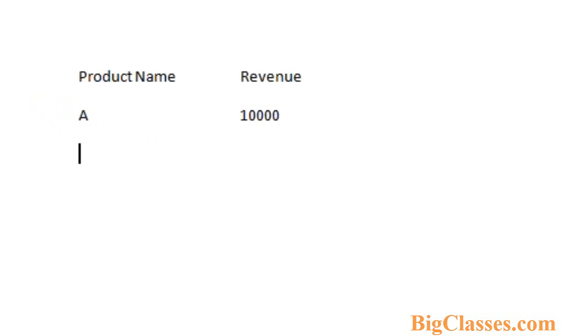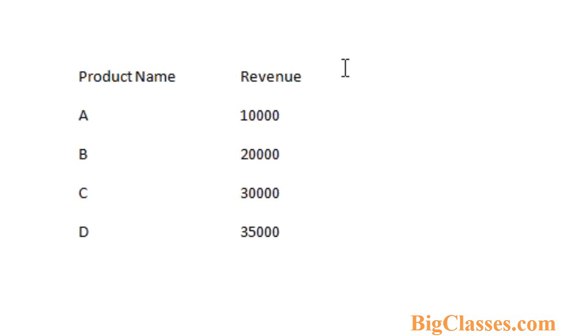B, $20,000. C, $30,000. D, 35,000. Okay.